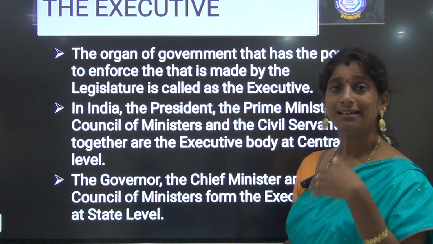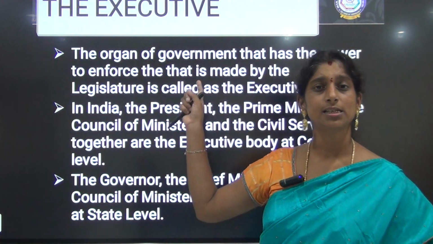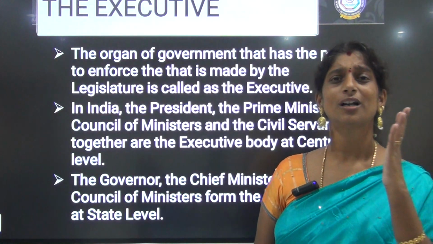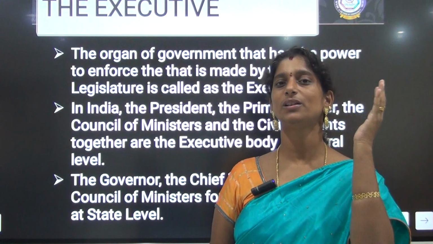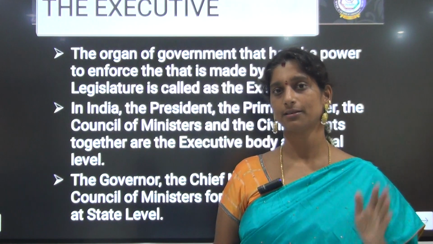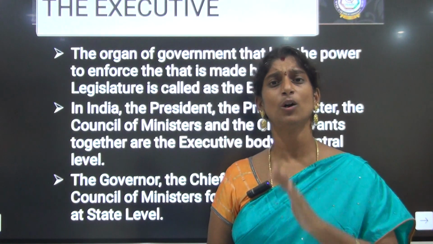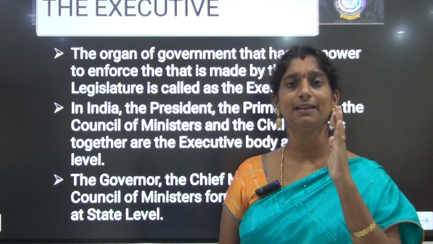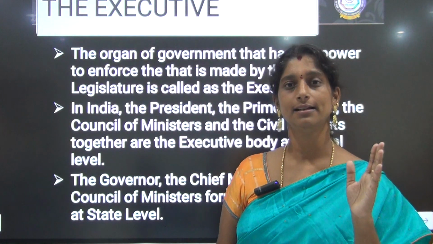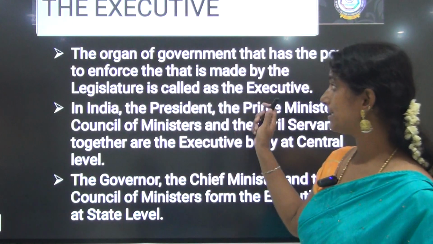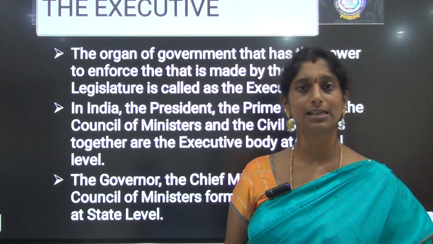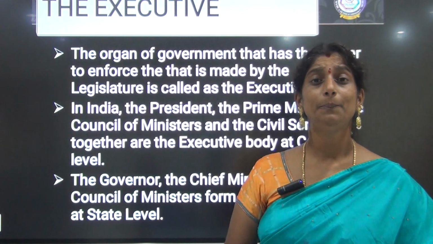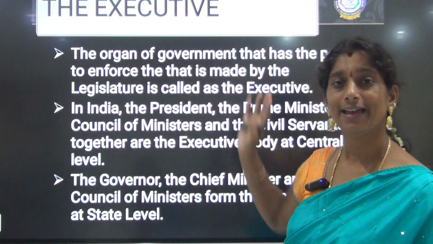So, moving on to the next organ of the government, the executive. What is the work of the executive? We have seen that laws will be enacted by the legislature for the country, and by the legislative assembly for the state, right? The same way, the laws enacted by the legislature and legislative assembly will be executed by the executive.